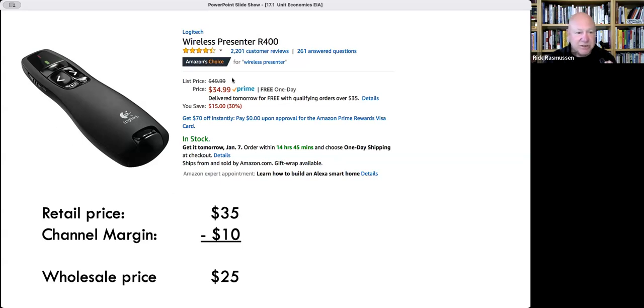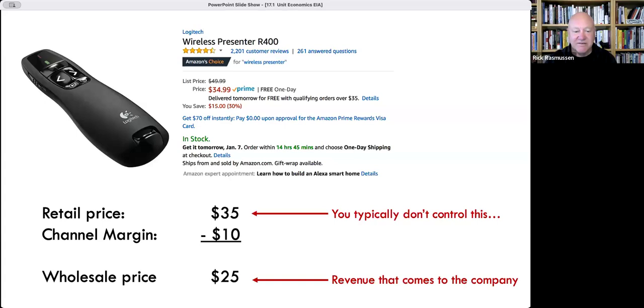So you don't get the list price. Your customers will buy it at a retail price. Amazon will take some off the top, and then you have a wholesale price of $25. In this case, when you're doing your P&L, when you're doing all your metrics, don't think about what your customer pays. Think about what you make at the end of the day.